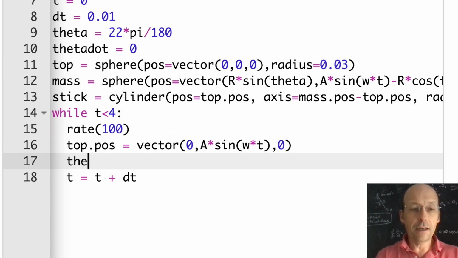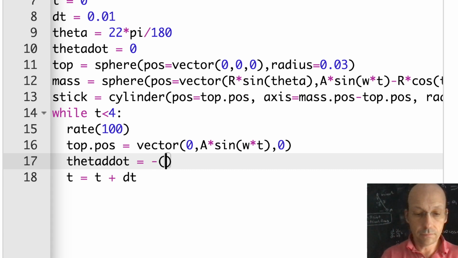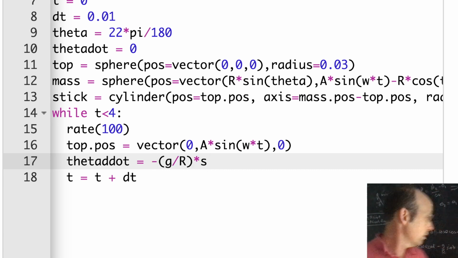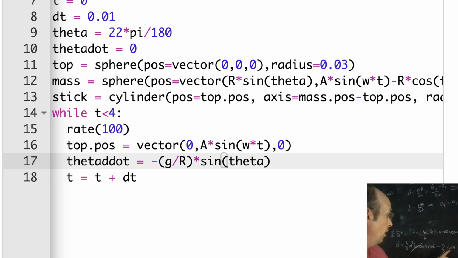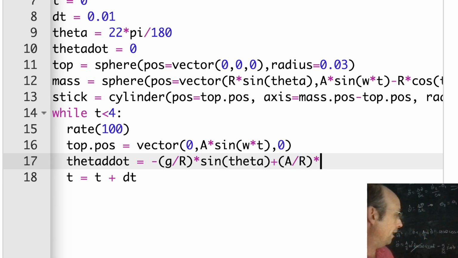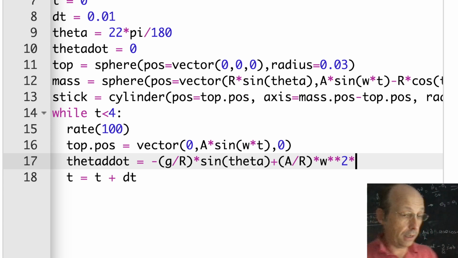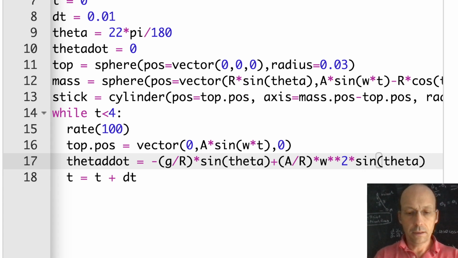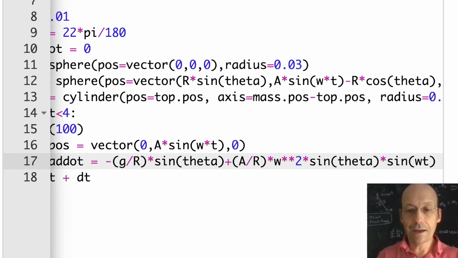I'm going to calculate theta double dot, theta dd, and I just need to type my equation right here, which is negative g over r times sine of theta, plus a over r times omega squared times sine of theta times sine omega t. Oh, no, aha, times.